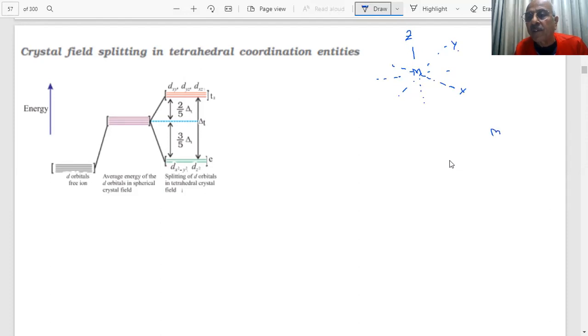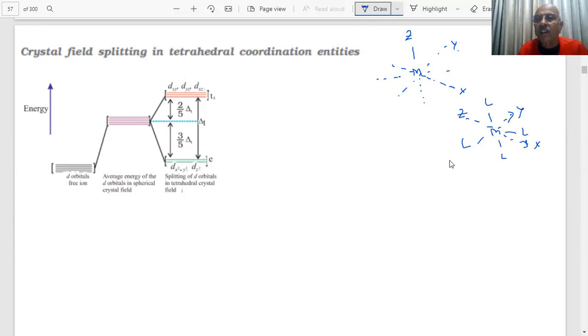Tetrahedral is a different type of situation. These are the ligands, these are the ligands, these are the ligands. And so your x, y, z axes are not here. These three axes, x, y, and z, are not in the direction from where the ligands are coming.